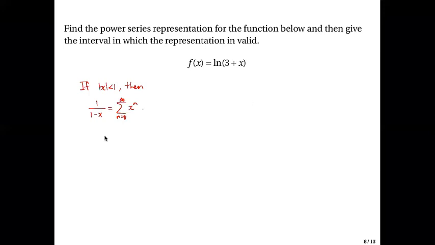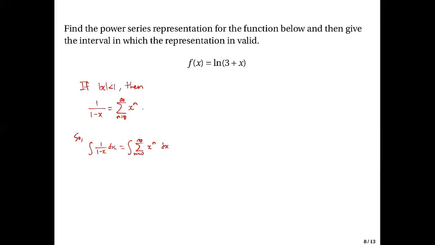So what we're going to do is to integrate this. If we integrate 1 over 1 minus x dx, all we need to do is to integrate also this, the integral of the series x to the n from 0 to plus infinity dx.